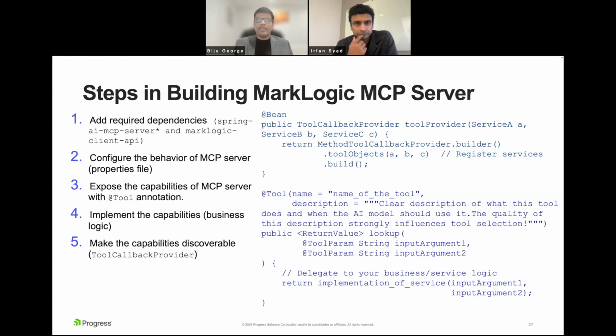So the MarkLogic Client API and the Spring AI MCP server dependency need to be added, and then configure the MCP server using the properties file for all the bean injections and auto wiring and stuff like that. The important part is step 3, expose the capabilities of the MCP server with tool annotation, right? So Irfan covered this actually.